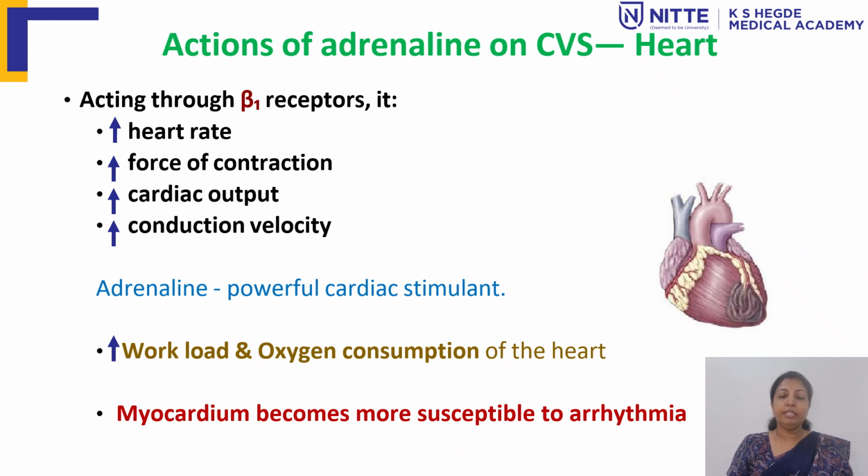So overall they act as a powerful cardiac stimulant. By increasing all these activities, it can increase the workload of the heart as well as the oxygen consumption of the heart. And also the myocardium becomes more susceptible to arrhythmia.